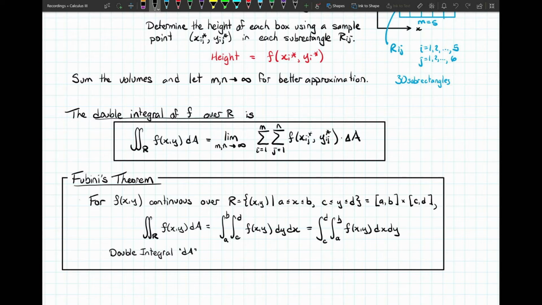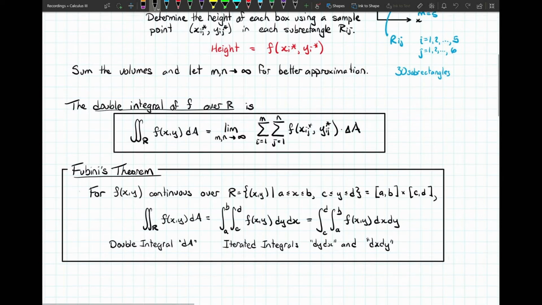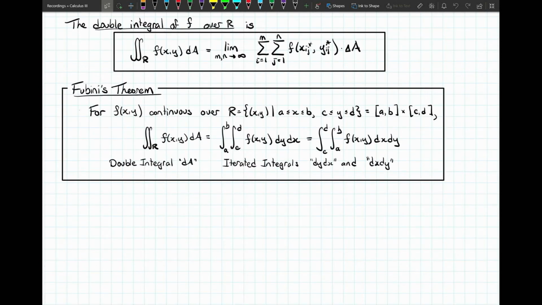Now, these two integrals here, dy dx and dx dy, are called iterated integrals. And really, they're nothing more than two separate single variable integrals that we're familiar with already from single variable calculus. The only thing to remember is that when you're doing an iterated integral, we are integrating with respect to one variable at a time, and we're holding the other variable fixed, treating it like a constant.